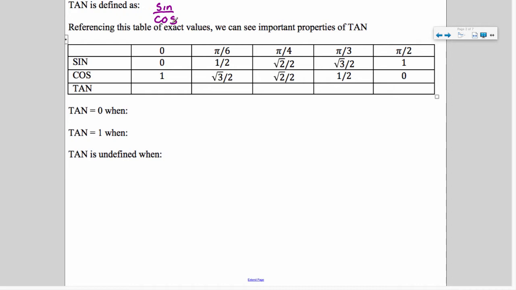So let's take a look at some of our exact values. Now I know many of you have actually memorized tangent, which is cool, in addition to the sine and cos, so this won't be a surprise to you.